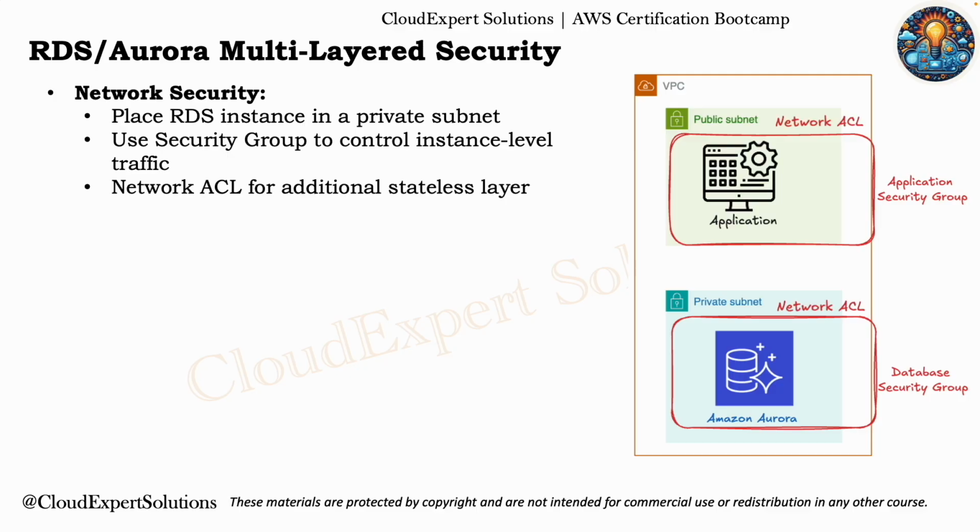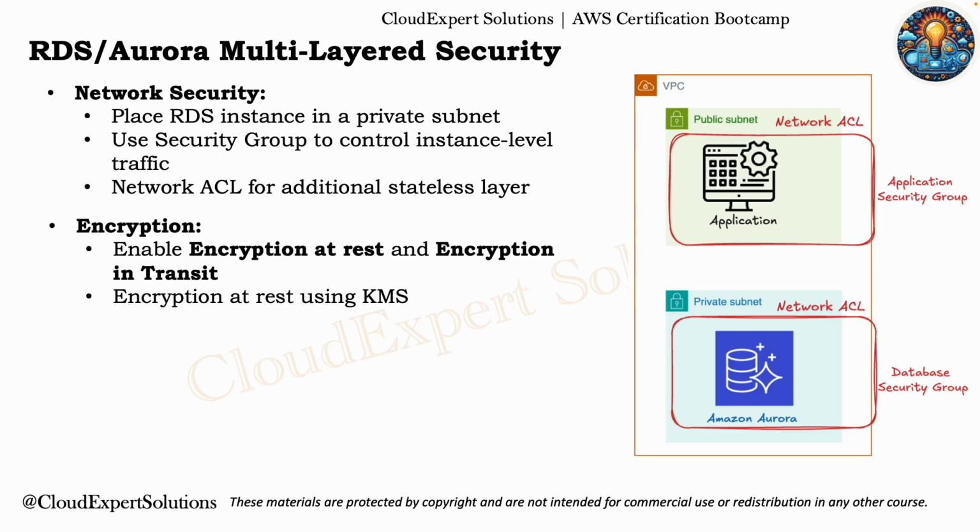You can also use a network ACL, or network access control list, for an additional stateless layer of security at the subnet level. Next, in terms of encryption, you must protect your data both at rest and in transit.